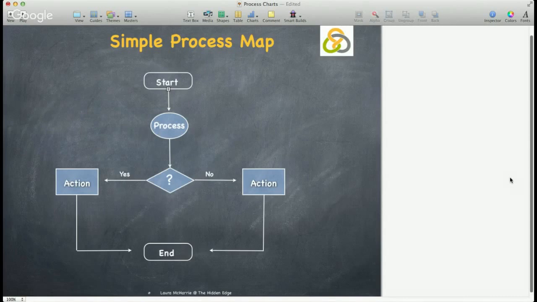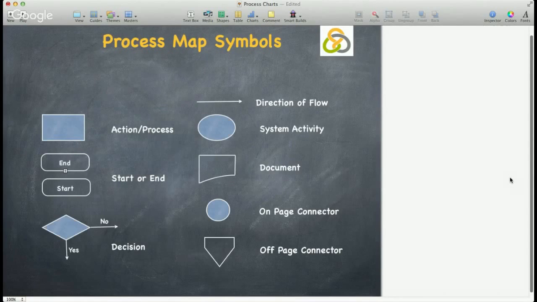But let's have a look at the symbols that are involved in a process map. We have the square box or the rectangular box, which is the action or a process. The oblong boxes depict the start and the end of a process. The triangle is a decision-making diagram.